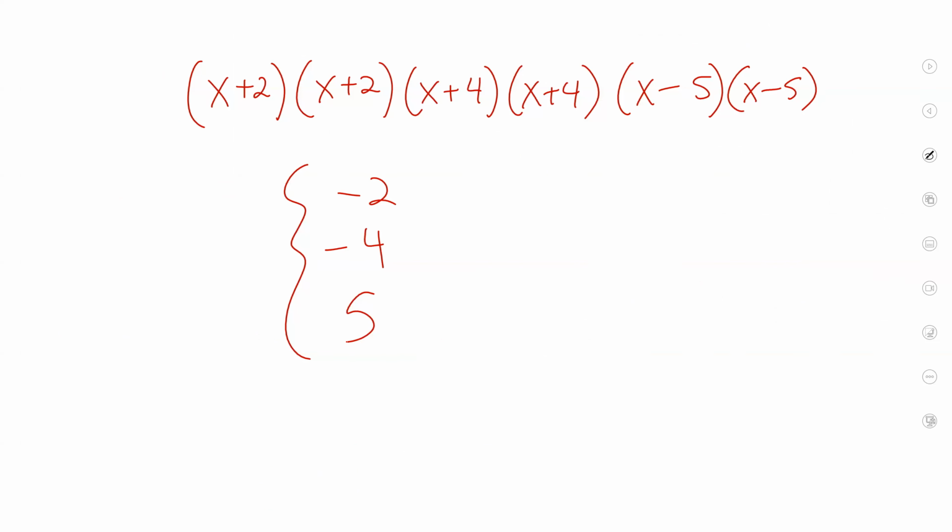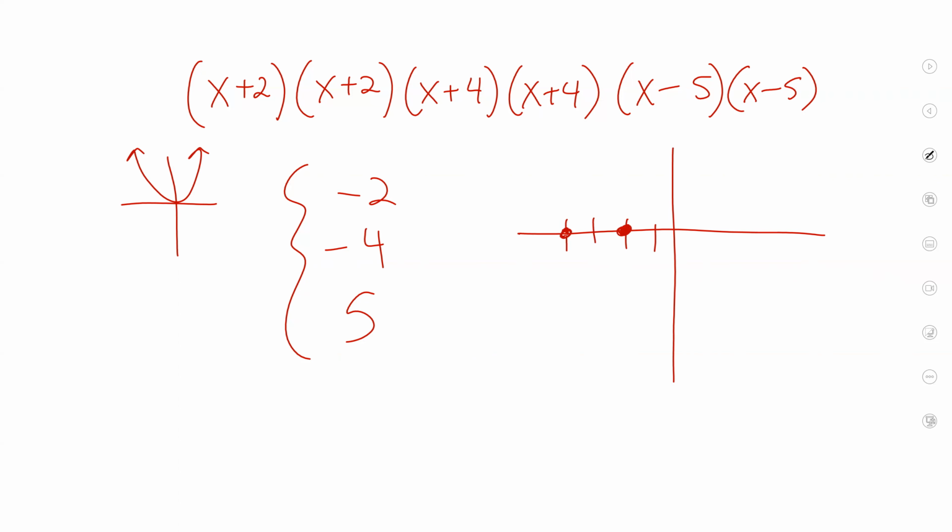What are the multiplicities of all of these? 2's. What degree would this be? It's 6 degrees because there are 6 factors. That means your graph would look like this, right? So my zeros, I have 2 at -2, I have 2 at -4, and I have 1 at 5.